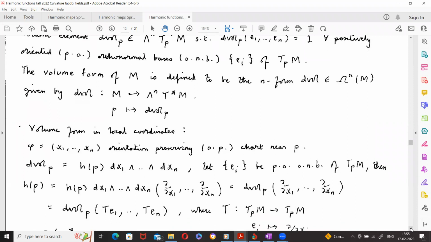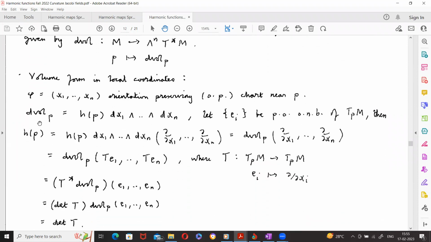Then I know that my volume element dvol at p, I can write as some scalar h(p) times the top degree form dx1 wedge ... wedge dxn, right? Because the space of top degree forms is one dimensional, so any n-form is a multiple pointwise of any non-zero n-form, and dx1 wedge ... wedge dxn is non-zero. So it will be some scalar h(p) times dx1 wedge ... wedge dxn.